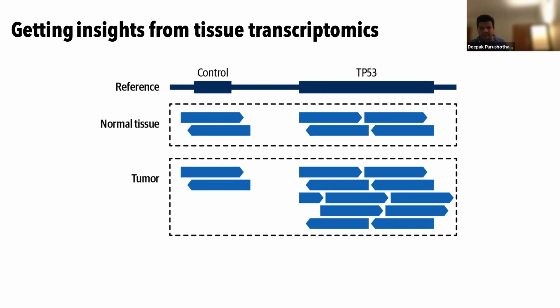So let's take an example of these profiling techniques that we are talking about, whether it's exome or whole genome. Tissue transcriptomics is probably really common now, which is basically profiling of cells and tissues, and it supports the drug development process because a researcher can map the response to a given compound.